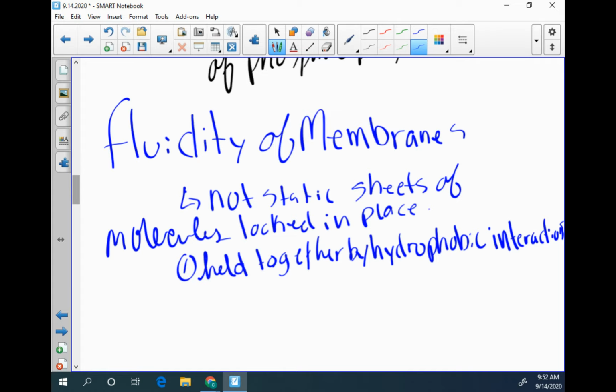Most lipids and some proteins can shift sideways in the plane of the membrane, almost like walking through the hallway all nice and uniform and somebody throws an elbow. One of those lipids can veer sideways.